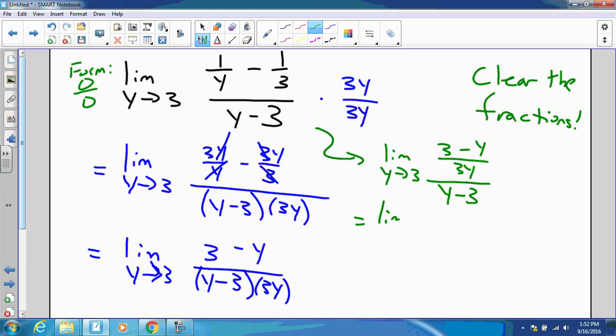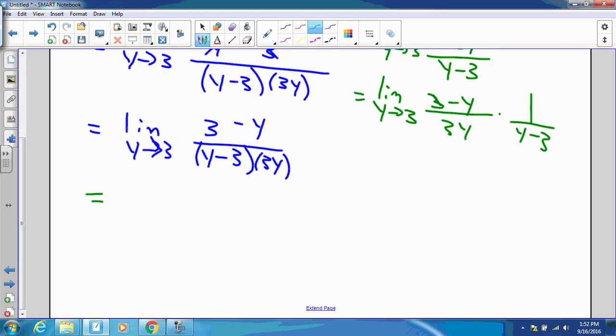And now I rewrite division as multiplied by the reciprocal, and that gets me back to here. Either way is fine. I like this because I make fewer mistakes when I do this. I usually actually skip this step. I can see this in my head. Boom, boom, boom.